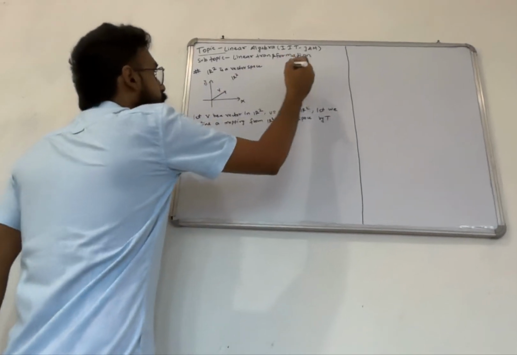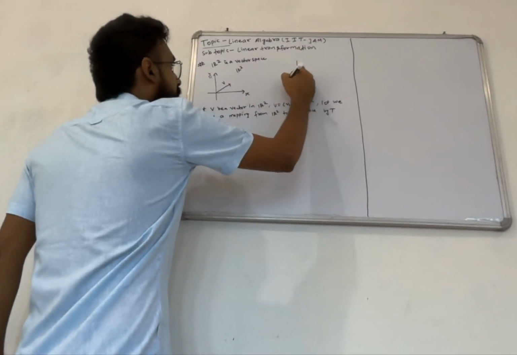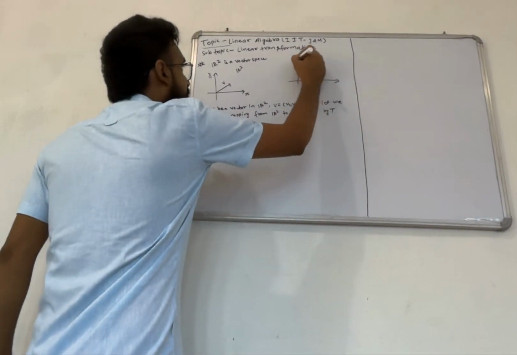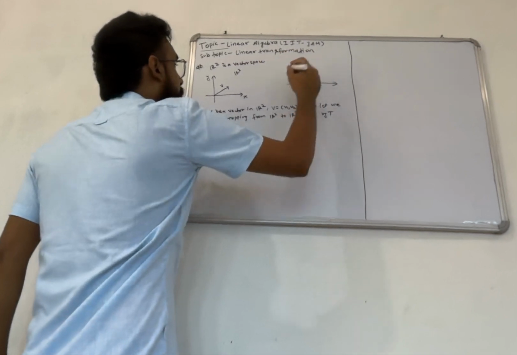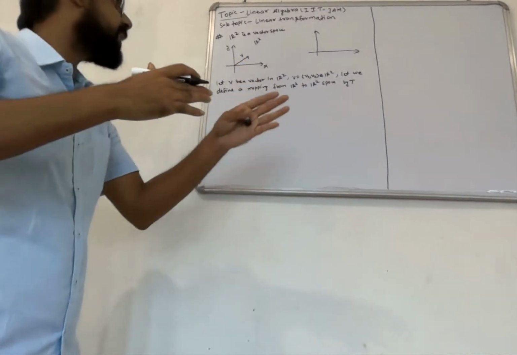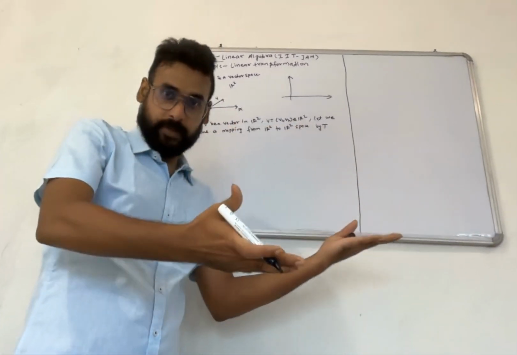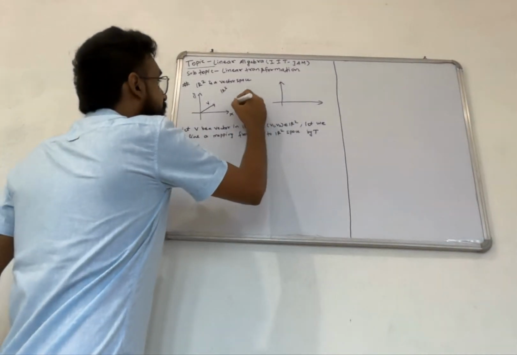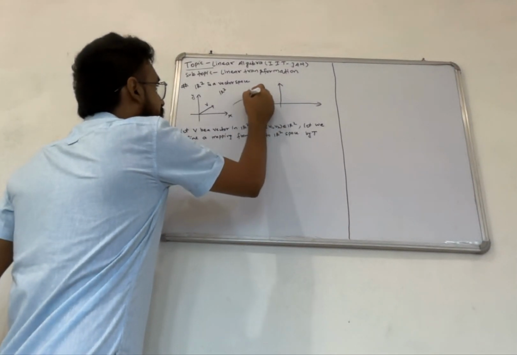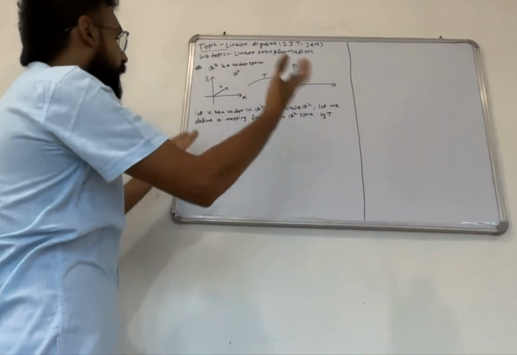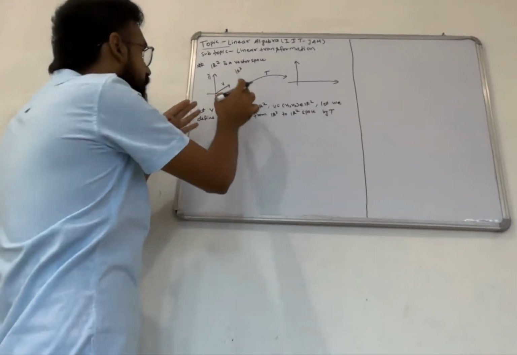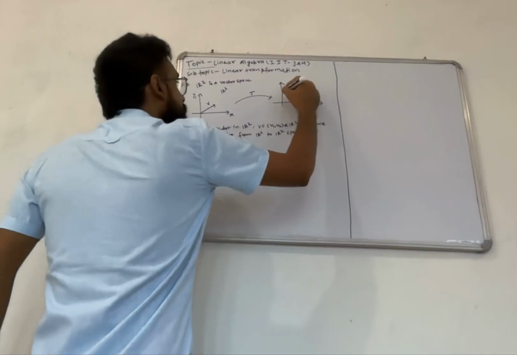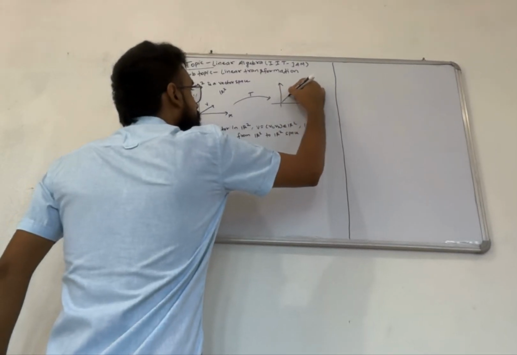When we define this mapping, this vector under some kind of mapping, let's suppose this is our T, will look like this.